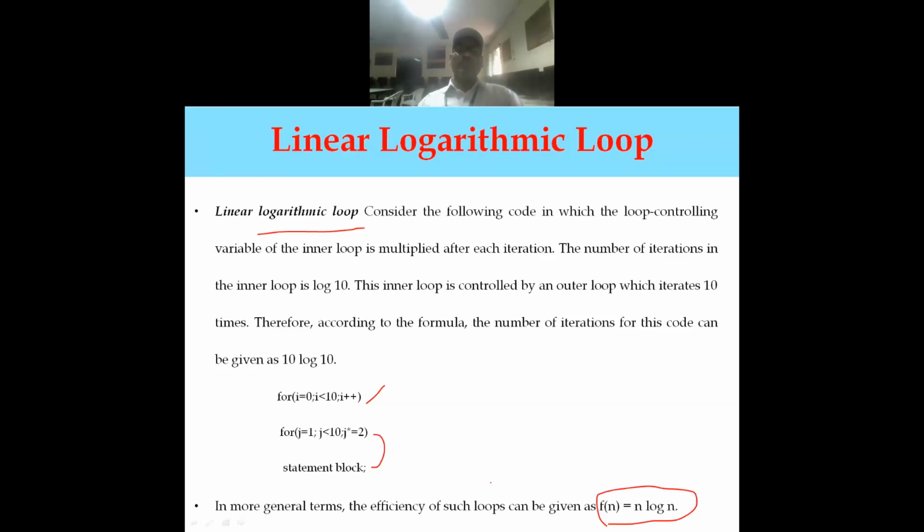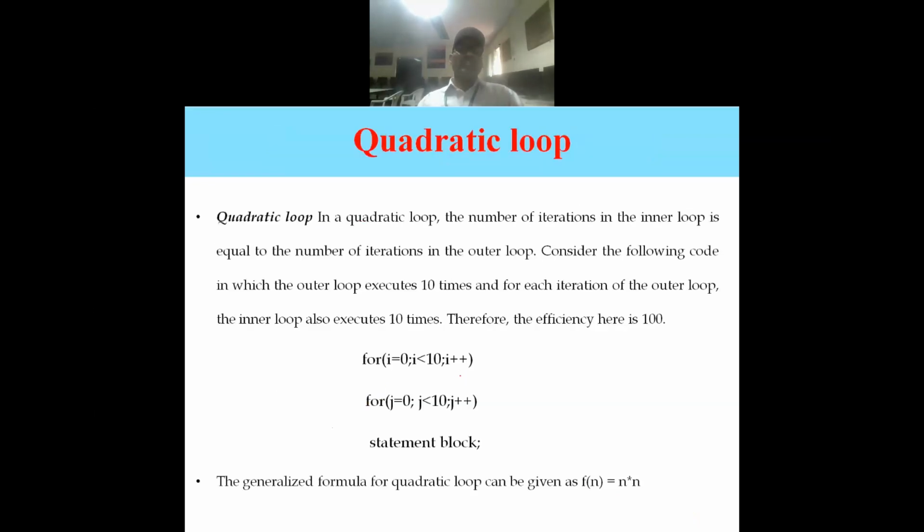Fine. So the inner loop is controlled by the outer loop. Then for the quadratic loop here, the outer loop is repeated 10 times, as well as the inner loop is also repeated 10 times. This is quadratic here. That means the efficiency is 10 into 10, which is equal to 100. So in general, if it is quadratic, we have f of n is equal to n into n.